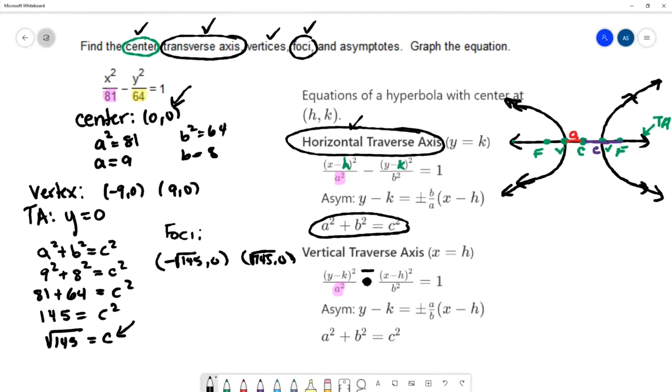So we found the foci and now the asymptotes. So your asymptotes are going to be right here.